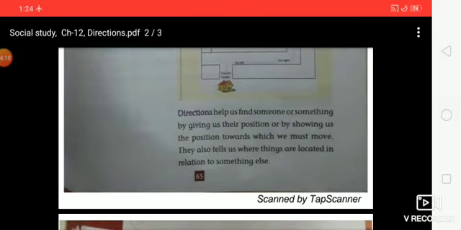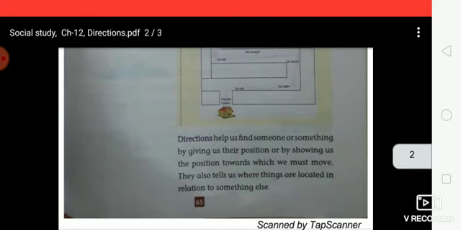We can use the position of the sun in the sky to find directions. Every morning the sun rises in the east and in the evening it sets in the west. We use the letters N, S, E and W to show each of these four directions.